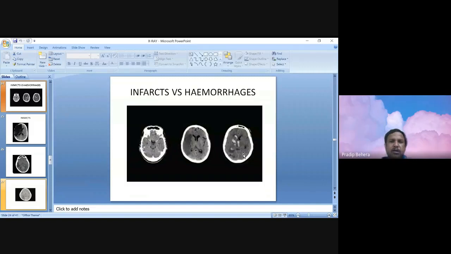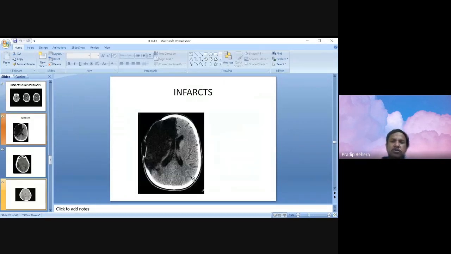If you look at the extreme left one, here you find white lesions. These are the hyperdense lesions, basically intracerebral bleeds. There is a midline shift and all. So you should simply identify what is an infarct and what is a hemorrhage in the brain CT scan.